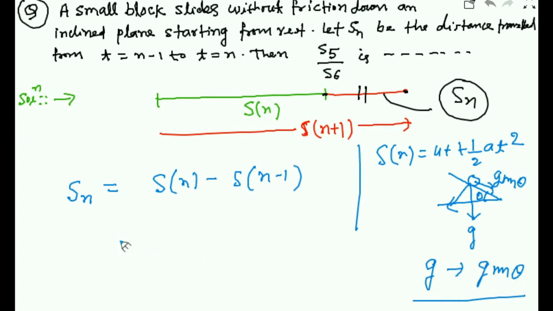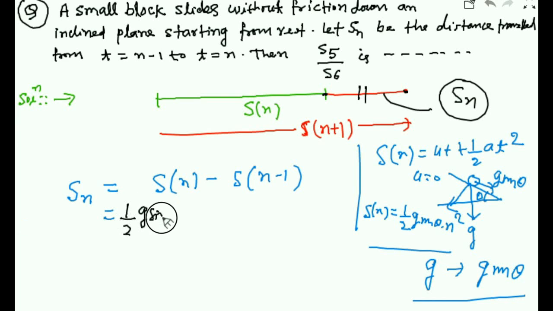friction. So now if you put u equal to 0, the distance Sn covered in n seconds equals half g sin theta into n square. So half g will be g sin theta and t square will be n square here.